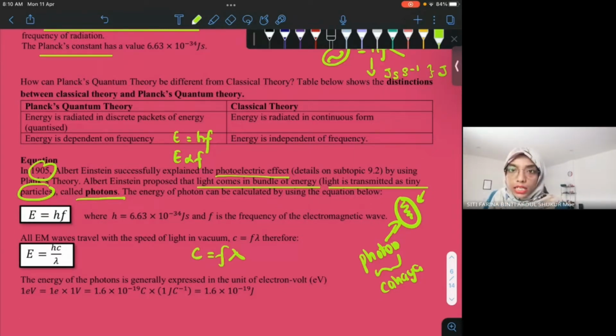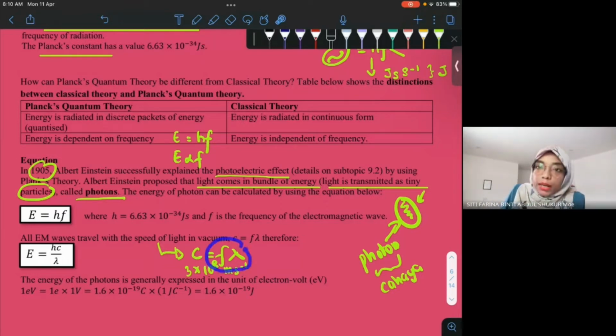This is the basic general equation. c here is the symbol for speed of light in vacuum and it has a constant value, that is c is 3 × 10^8 meters per second. This is a constant value, speed of light in vacuum. And this speed of light in the vacuum is equals to frequency multiplied with the wavelength lambda. Basically, both of these depend on our wave.